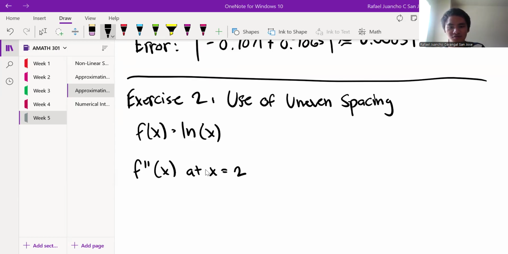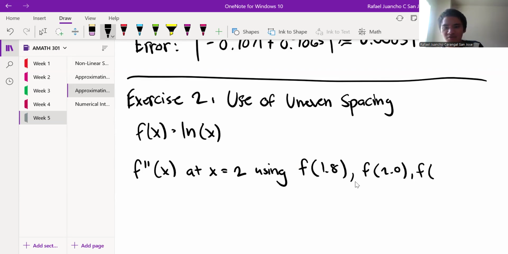And we're going to be using 3 points. So we're using f of 1.8, f of 2.0, that's 2, and then f of 2.2. And we can make use of this central difference formula. Oh yeah, our h is also 0.2.